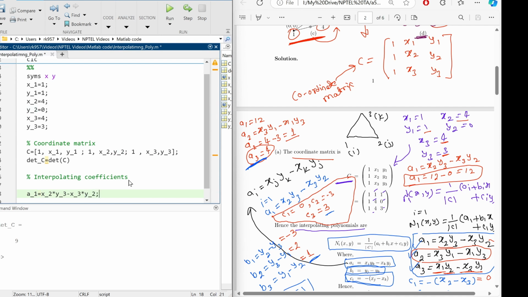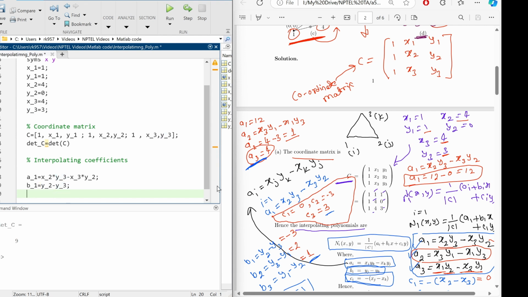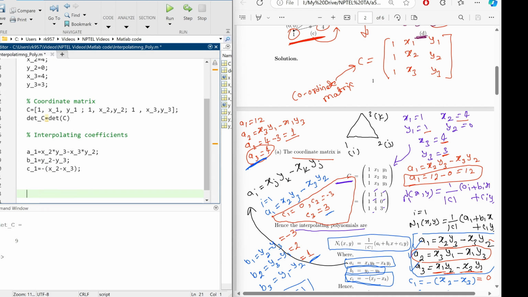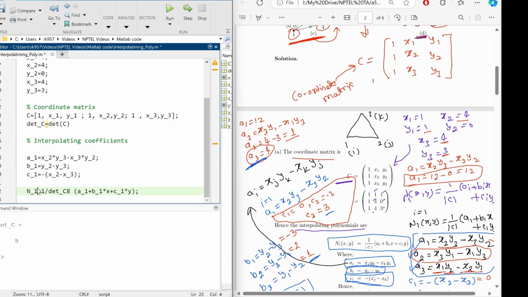This will be our A1. And what will be our B1? B1 equal to y2 minus y3. And what is our C1? C1 equal to minus x2 minus x3. This will be our C1. So similarly, we have to find the others. Okay. Now, after putting these values, what will we get here? N1 of x comma y.